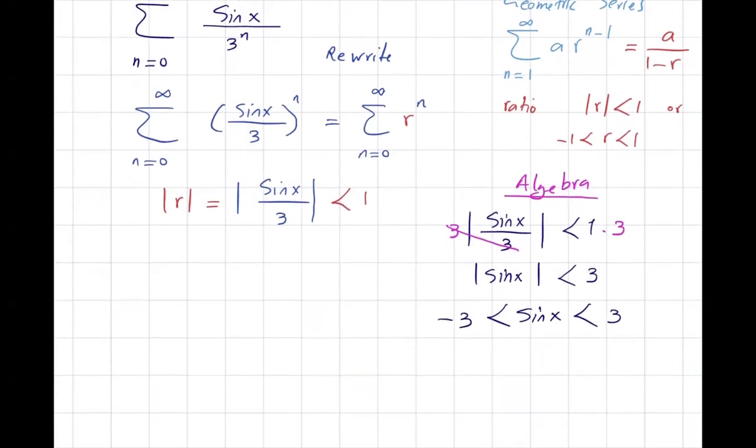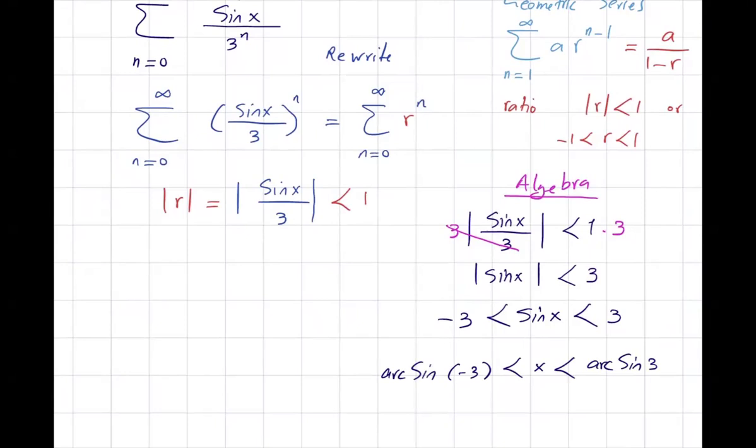You can take arc sine of both sides, left side, right side. You have to take the arc sine of the middle as well. So as long as your x is bounded between arc sine of -3 and arc sine of 3, then you are done.